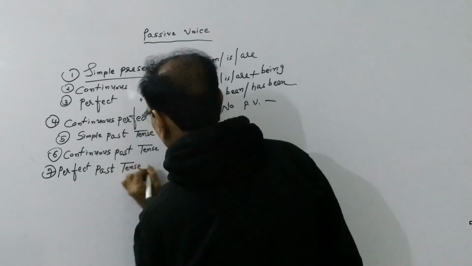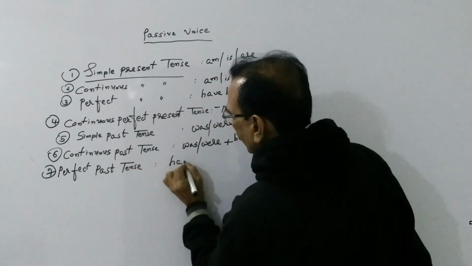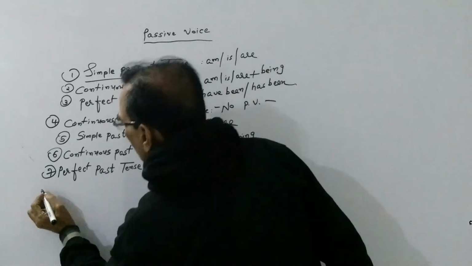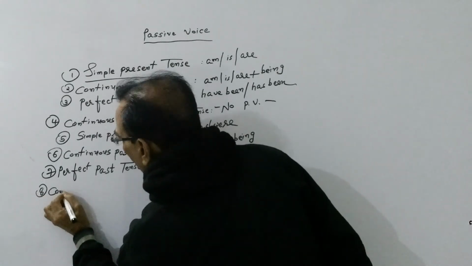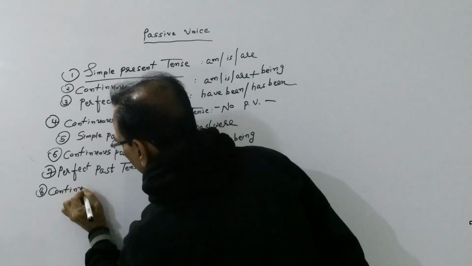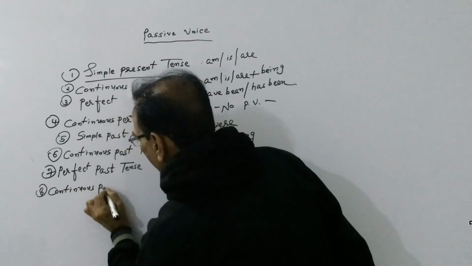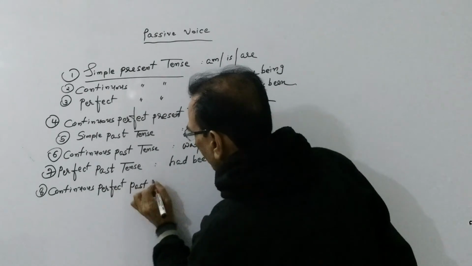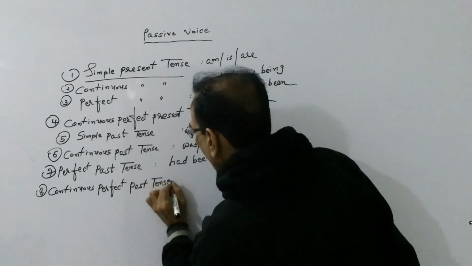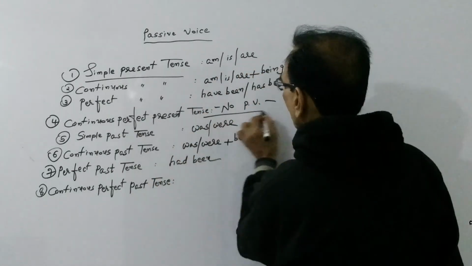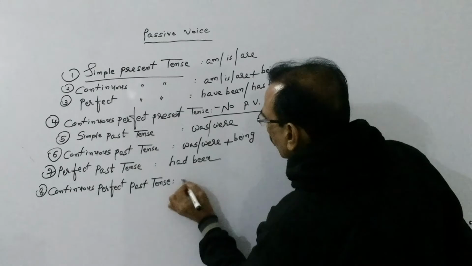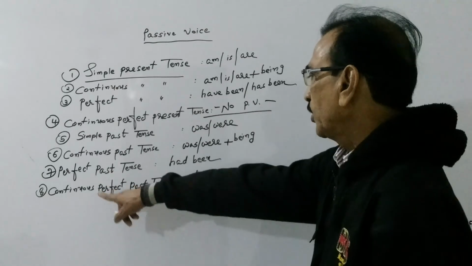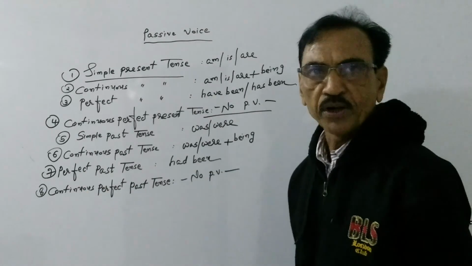In past perfect tense, friends, we use had been in passive voice. Now, next one is past perfect continuous tense. For this, remember, passive voice is not possible. It is always in active voice, this tense, friends.